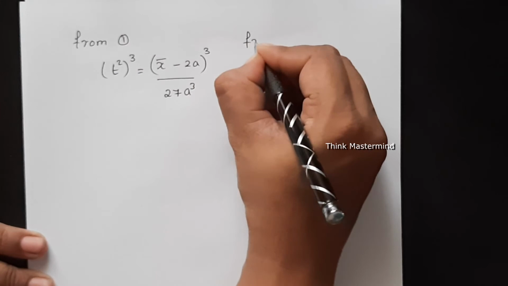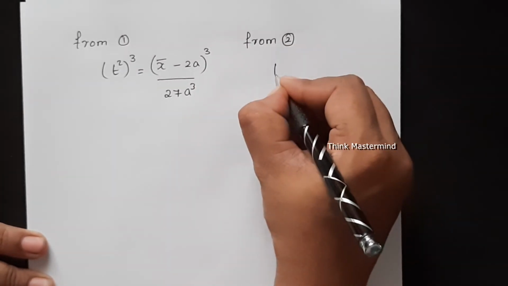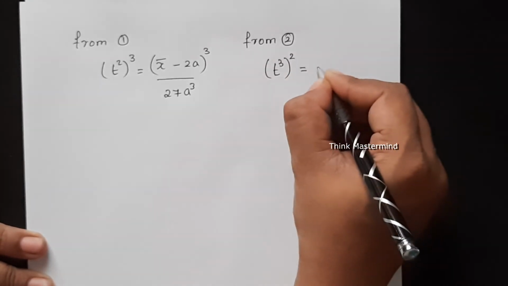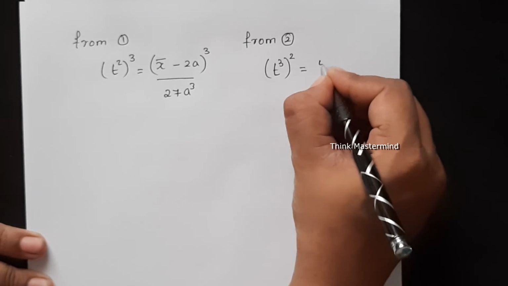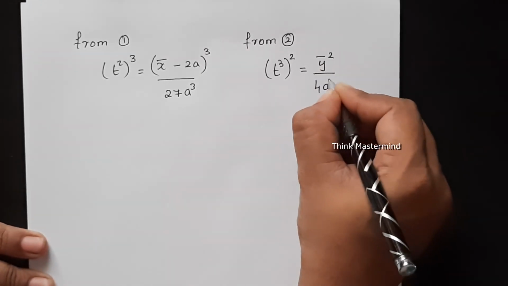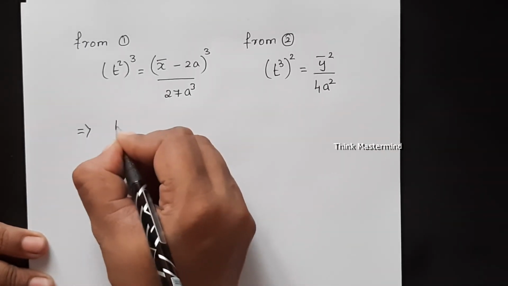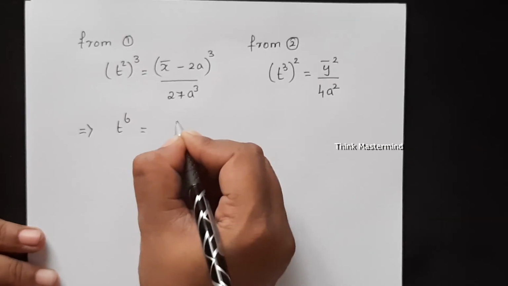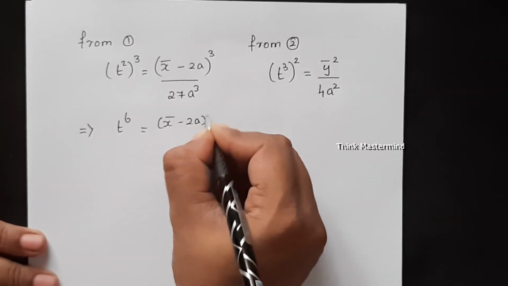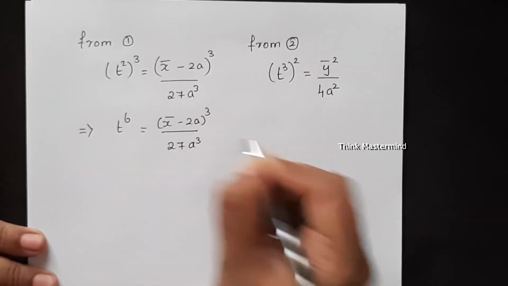Similarly from 2, squaring on both sides, so that is t power cube of whole squared is equal to minus y bar whole squared, is y bar squared divided by 4a squared. That implies here also we have t power 6 is equal to x bar minus 2a the whole cube divided by 27a cube.